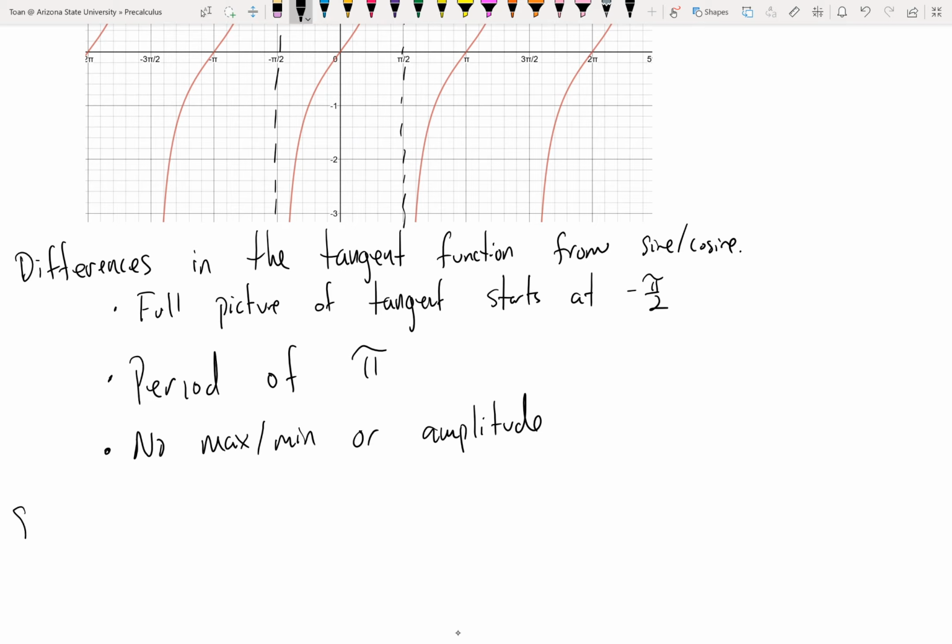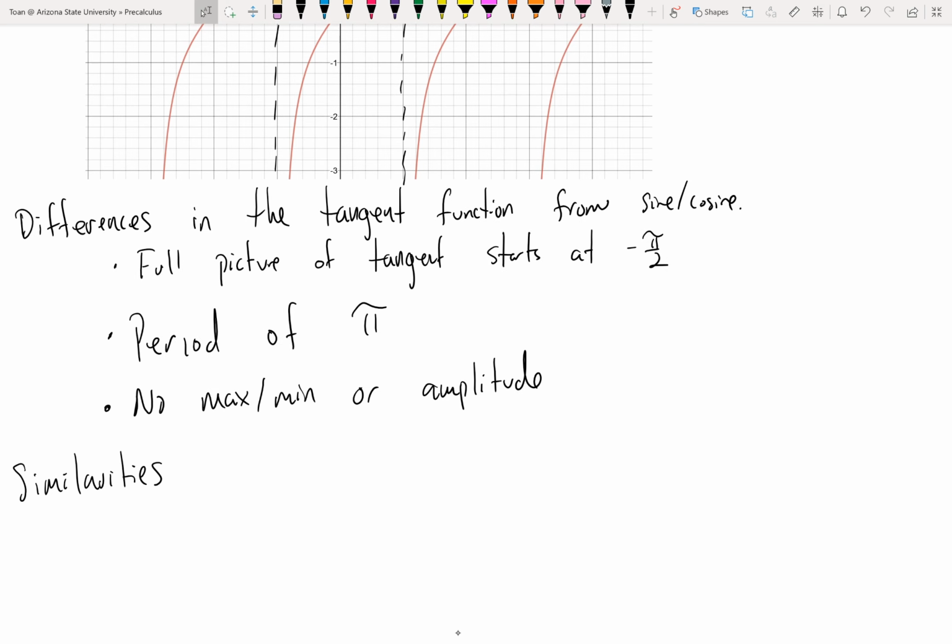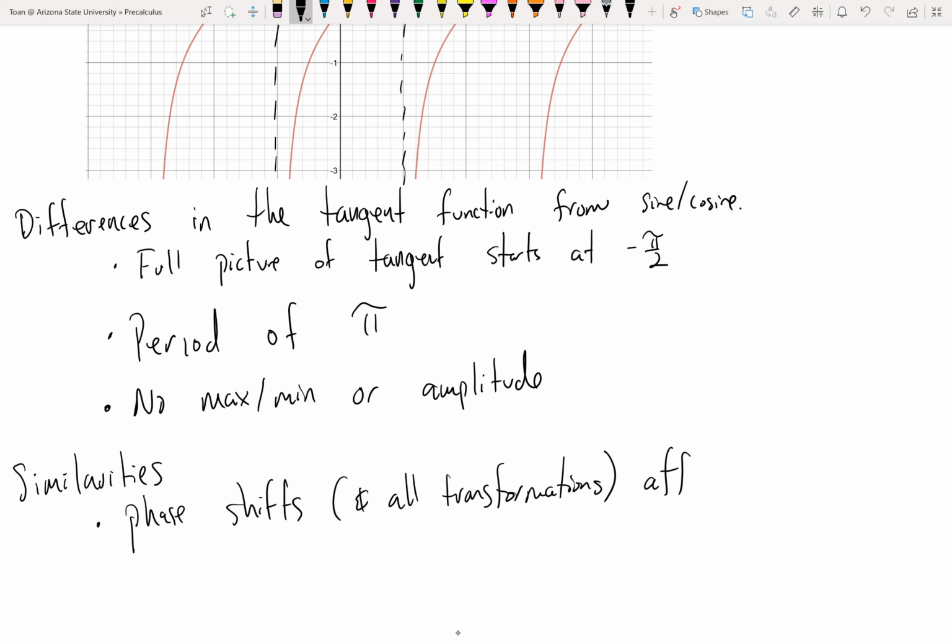But there are some similarities with sines and cosines that can help us sketch. Phase shifts, and really all the transformations, affect the graph.